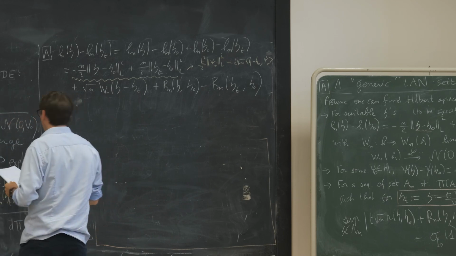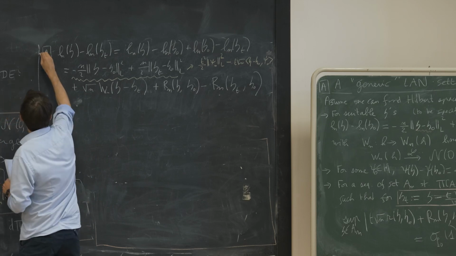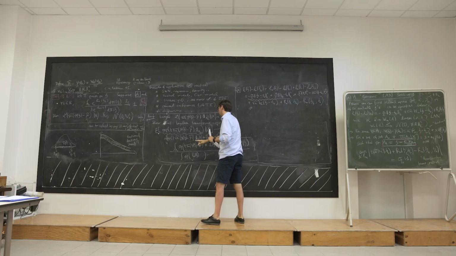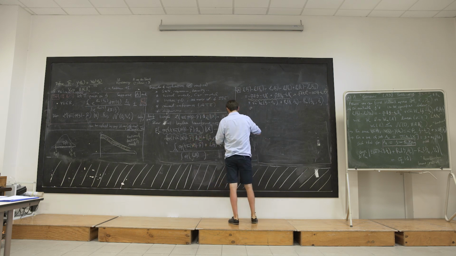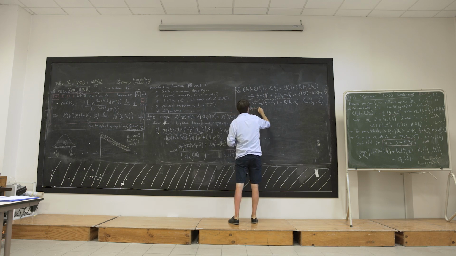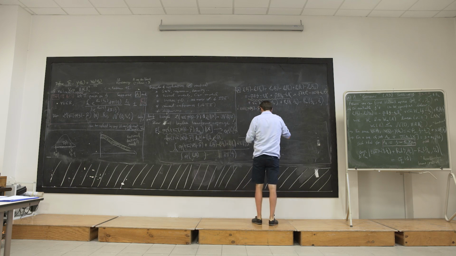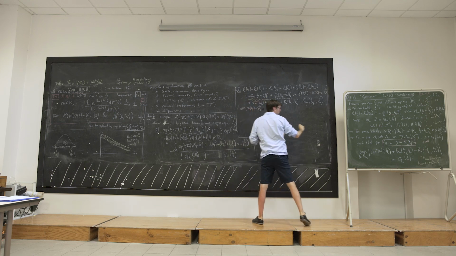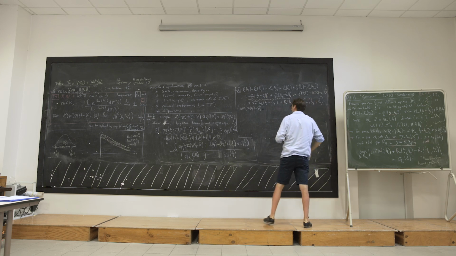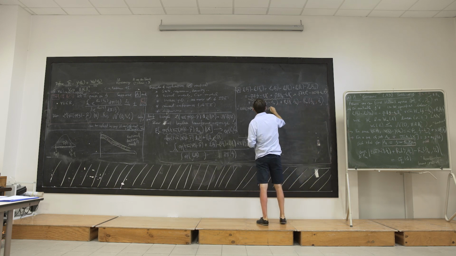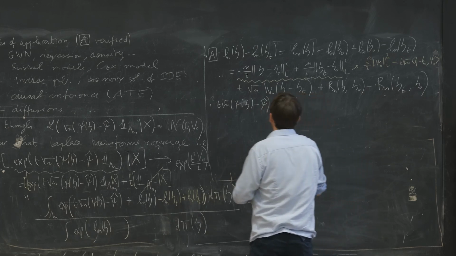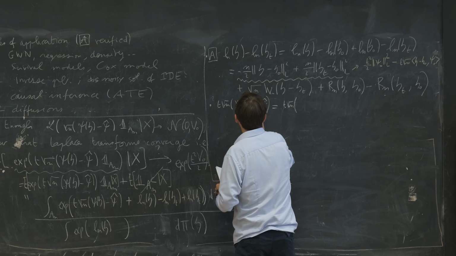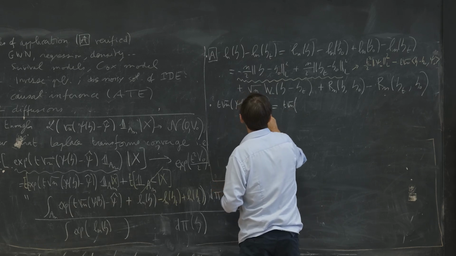So now we'll deal with the second bit, which is that we are going to expand the functional here. So we know that t square root n, psi eta minus psi hat, is equal to what? I just use this expansion now. So it is t square root n, I insert minus psi eta 0 plus psi eta 0.